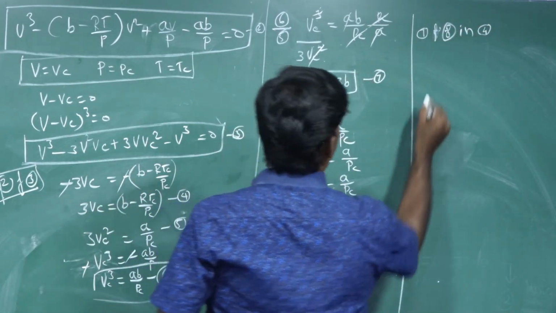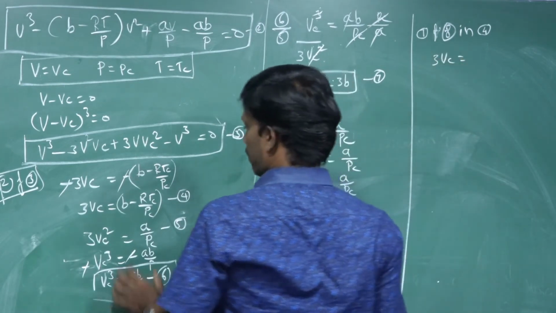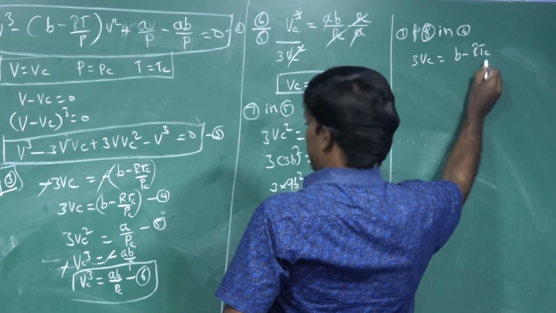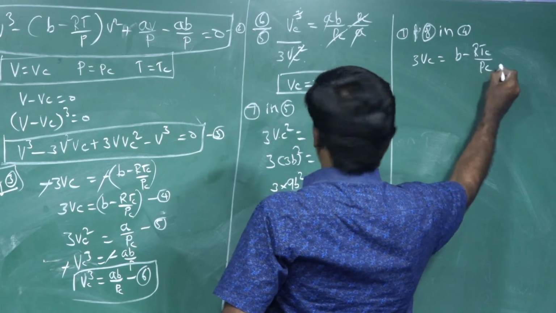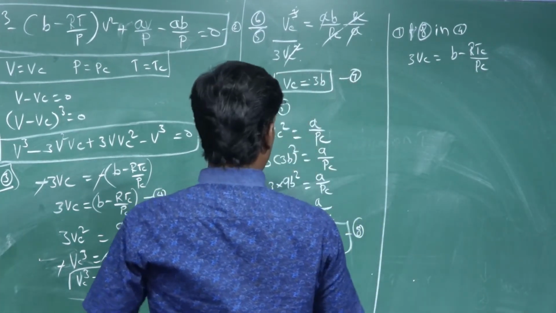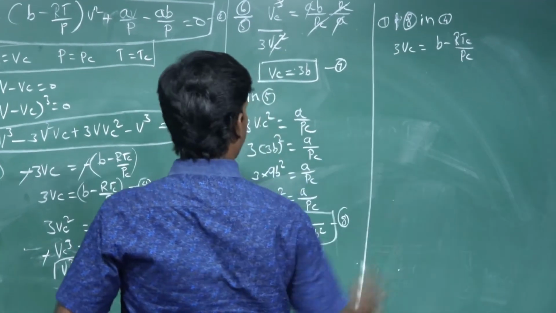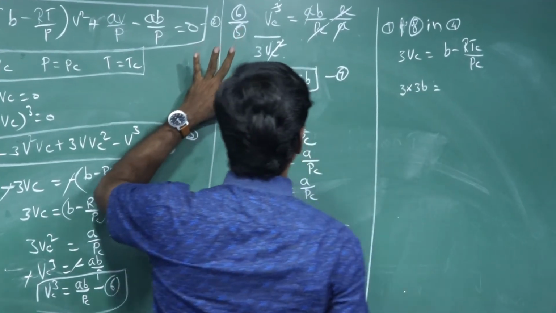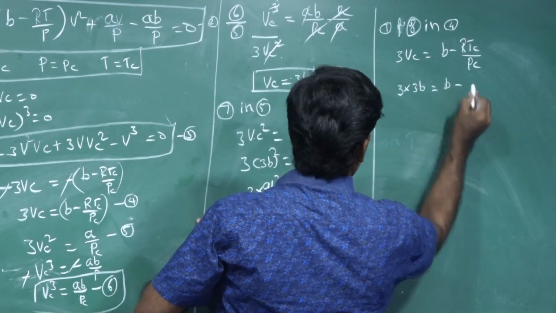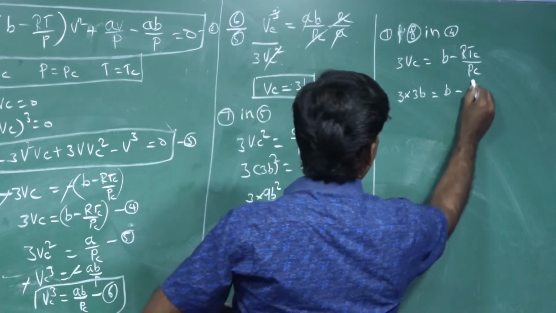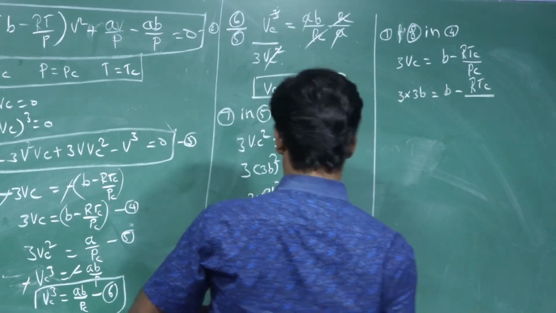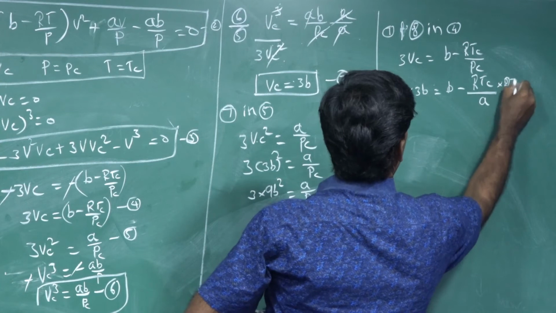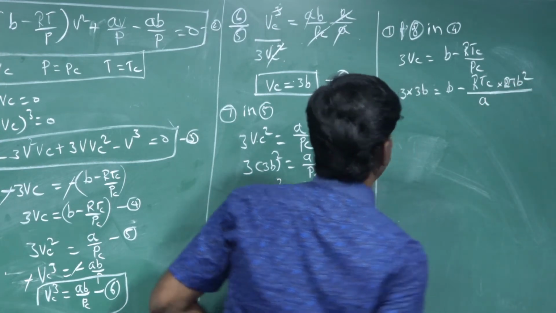First of all, you write equation number 4: 3Vc equal to P minus RTc by PC. Now you apply the Vc value and the PC value there. Vc equal to 3B. 3 into 3B is equal to B minus RTc by PC, with PC being A divided by 27B squared, which will go up as 27B squared.